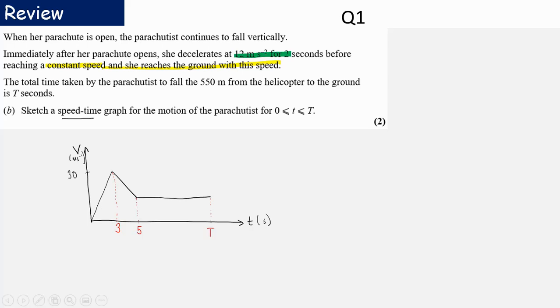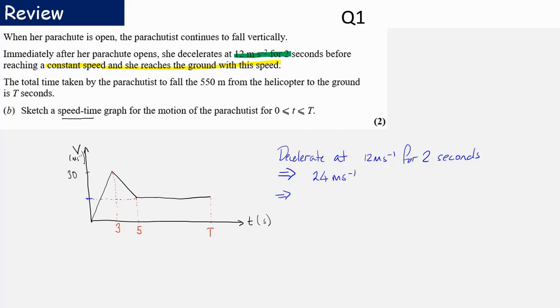Now the other useful bit I can put into my graph is this speed here. If I am decelerating at 12 meters per second squared for 2 seconds, well, this must mean that I've lost 24, or my speed has decreased by 24 meters per second.